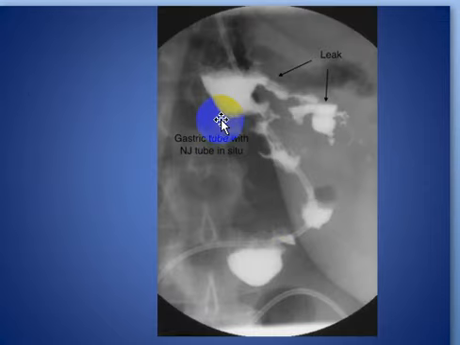Here, this is the contrast swallow of this patient after gastric sleeve, and we see the leak here, leak from the proximal end of the gastric tube is demonstrated.